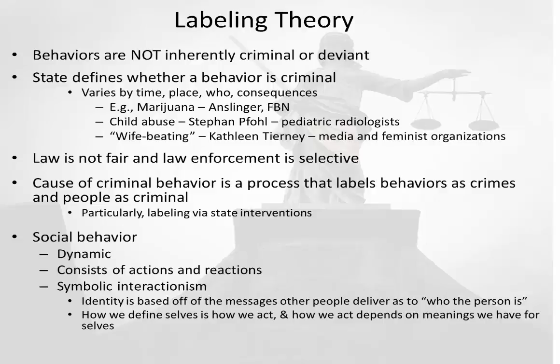So labeling theorists explain that criminal behavior is actually a process, in which some behaviors are labeled as crimes and some people are labeled as criminals. But not all people who engage in the same act are considered criminals. And this is particularly the case when the label is imposed by the state versus your parent or your teacher.